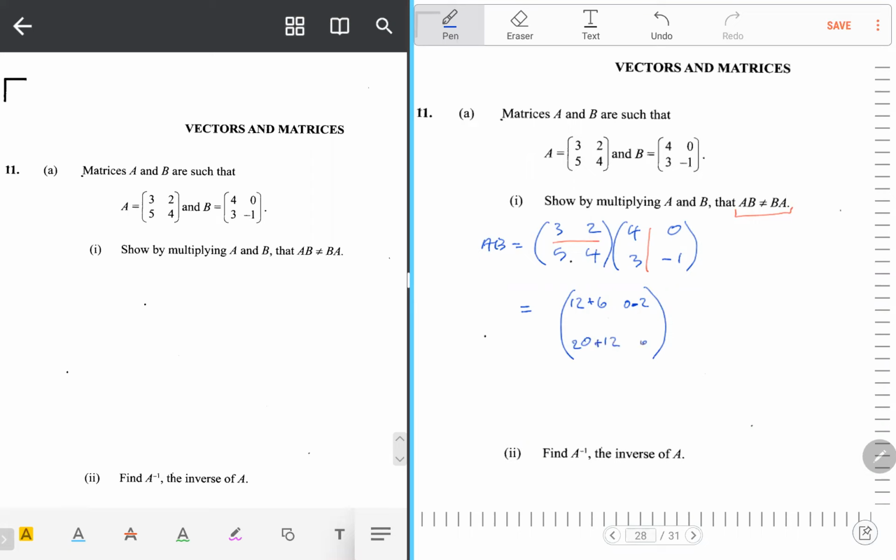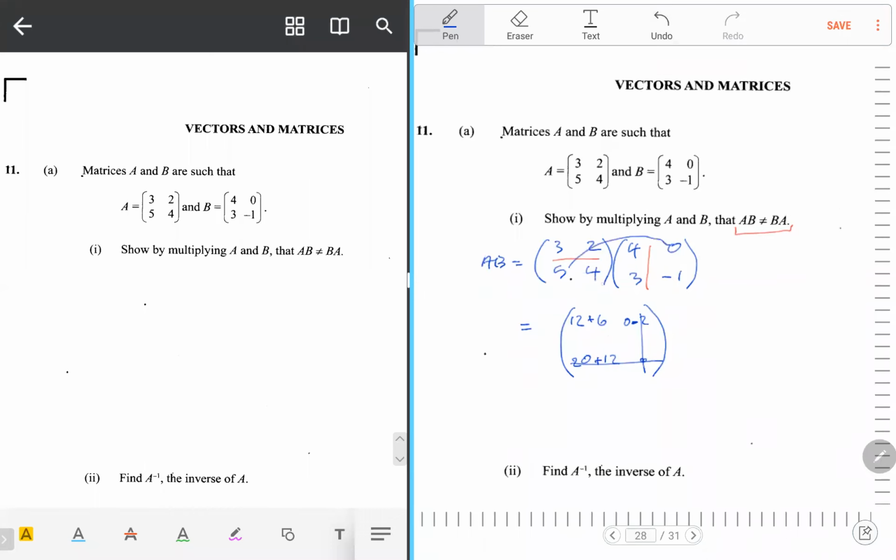The last value that we want is the second row, second column. First element by first element, second element by second element.